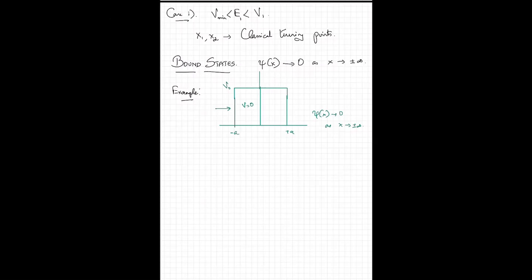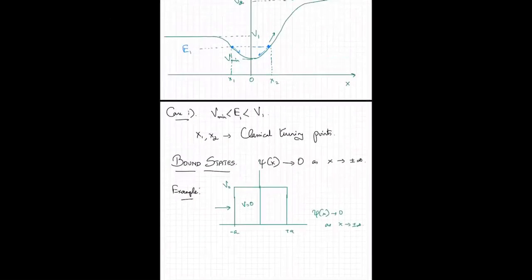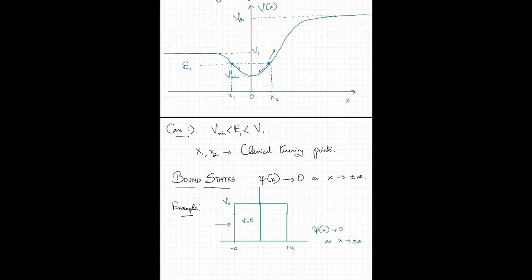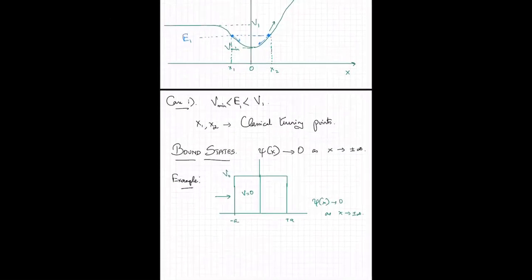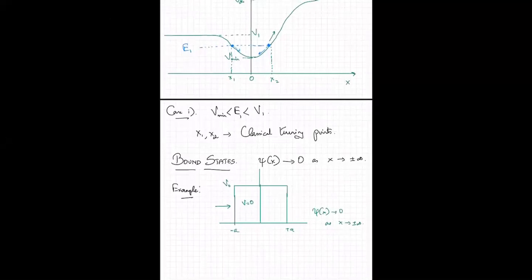This is the quantum mechanical equivalent of claiming that for the corresponding classical problem, if there are classical turning points, then the particle cannot be found outside the classical turning points. In quantum mechanics, this statement is strictly not true. I cannot claim that the wave function is always 0 outside the classical turning points. If I have an infinite potential like the box potential, then of course it will be 0.